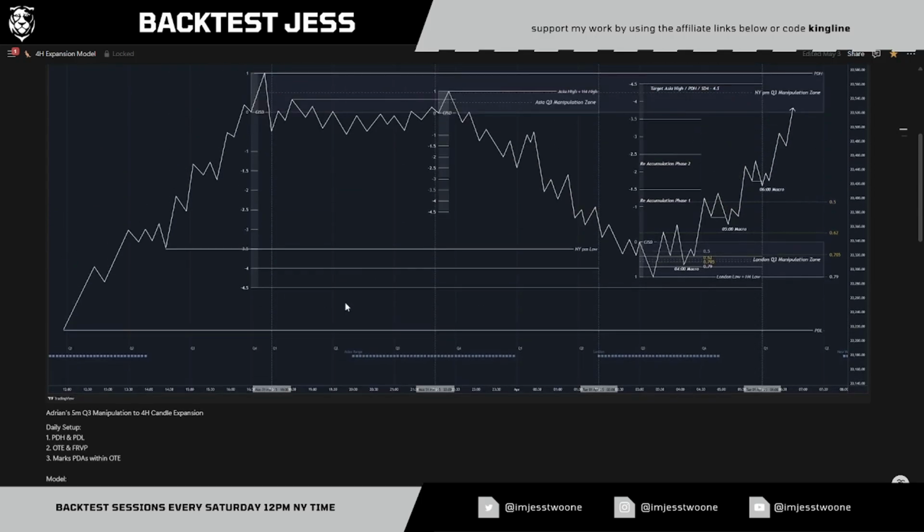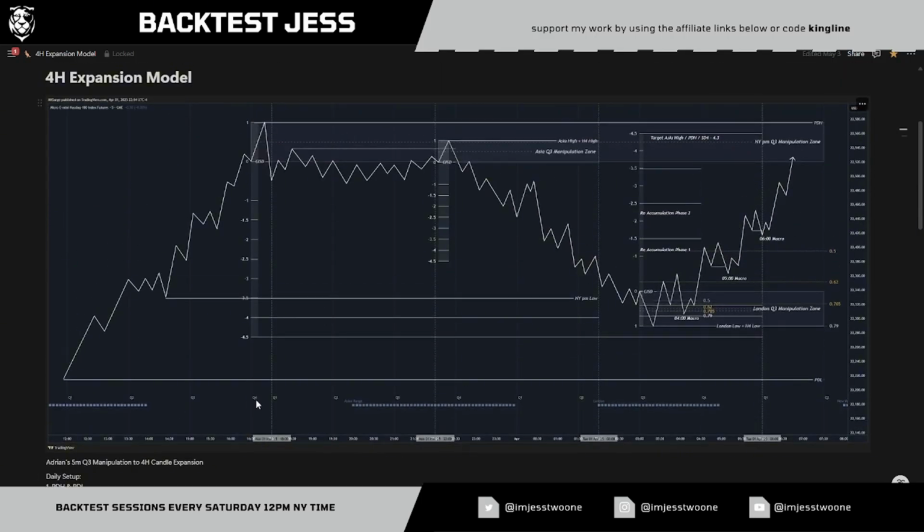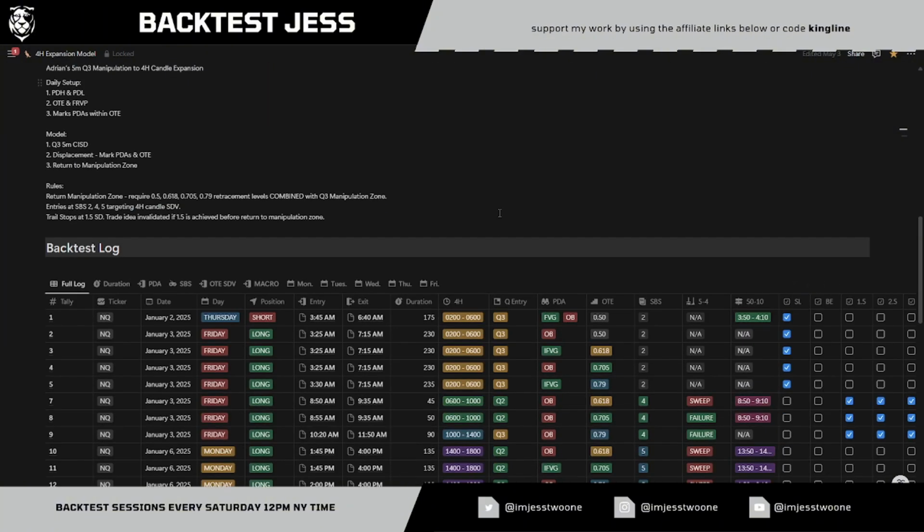If you look at where the quarters align with the 4-hour candles, there's usually a Q3 at the beginning of a 4-hour candle, or near the beginning of it, and we are simply using the Q3 manipulation happening near the beginning of the 4-hour candle to facilitate catching a trade in the direction of that 4-hour candle expansion.